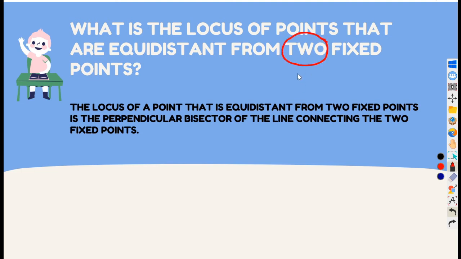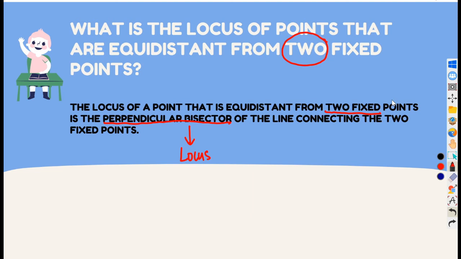The locus of a point that is equidistant from two fixed points is the perpendicular bisector of the line connecting the two fixed points.